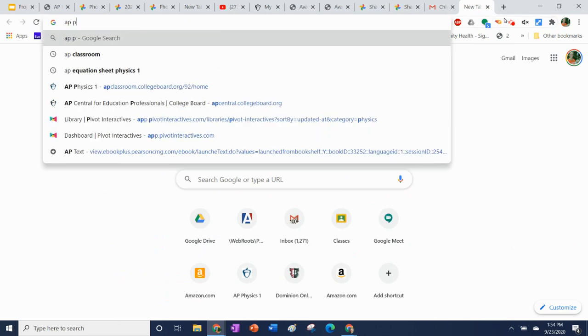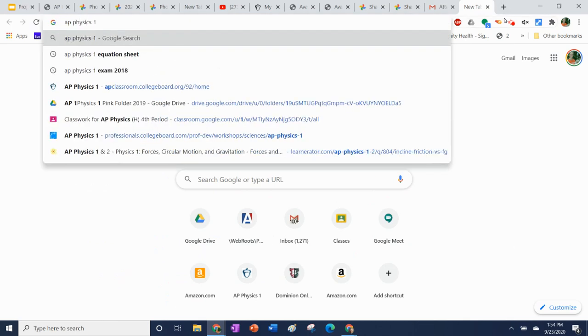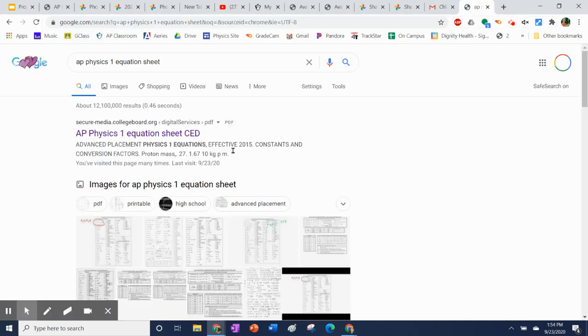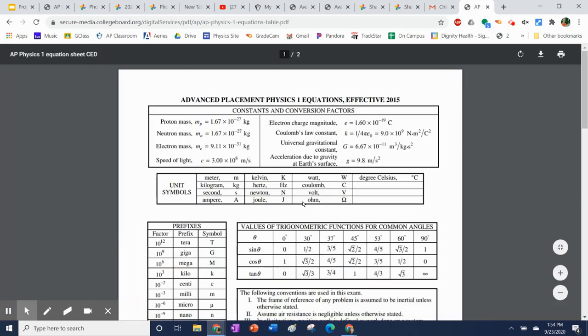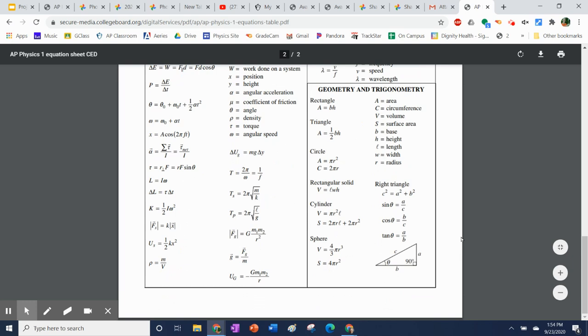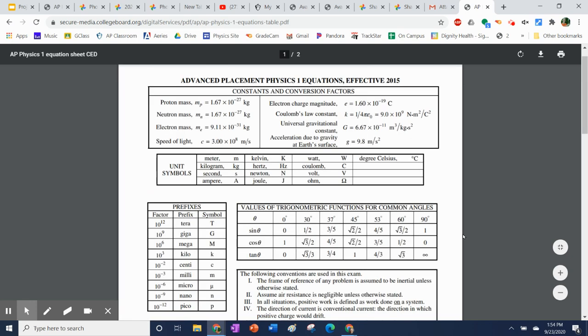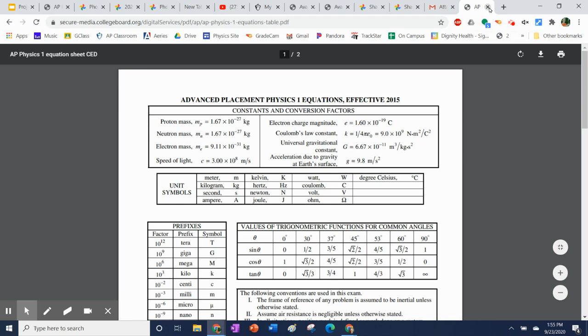Type AP Physics 1 equation sheet. Ta-da! First result. Click on it, it opens, that's your equation sheet. So this is exactly what it'll look like on the actual AP exam.